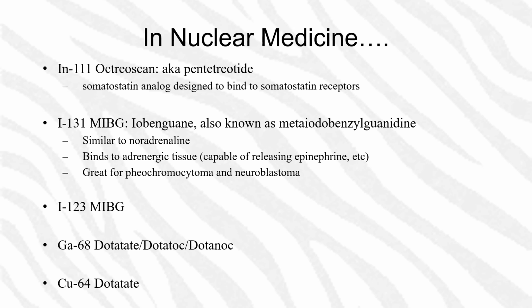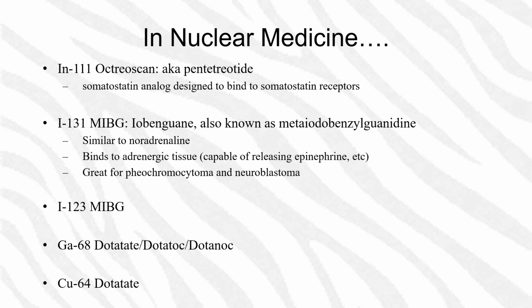The I-131 MIBG is also used in general nuclear medicine, and this is also known as iobenguane or meta-iodobenzylguanidine. And this is similar to noradrenaline. It binds to the adrenergic tissue.